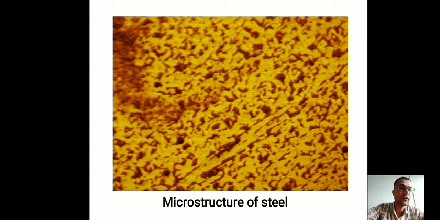Suppose we select 25x. If we use 25x as a magnifying lens, that lens zooms your internal structure, means the microstructure of the steel, up to 25x, and it will be like this, which is in front of us.